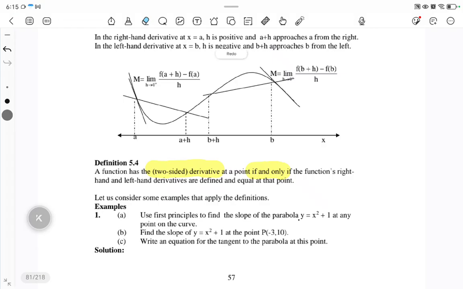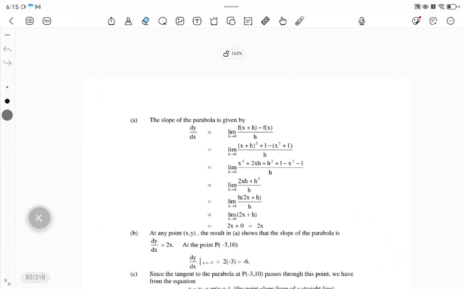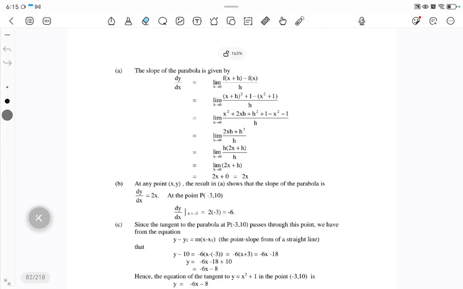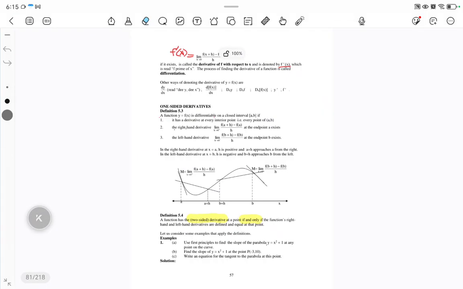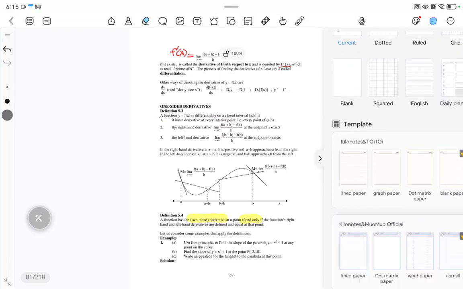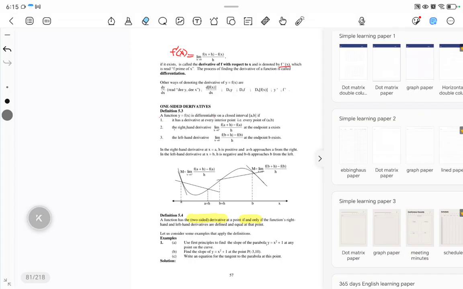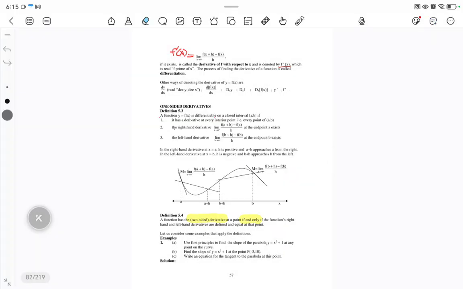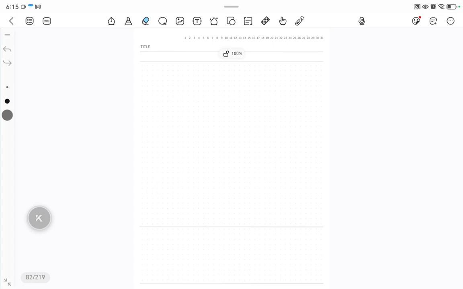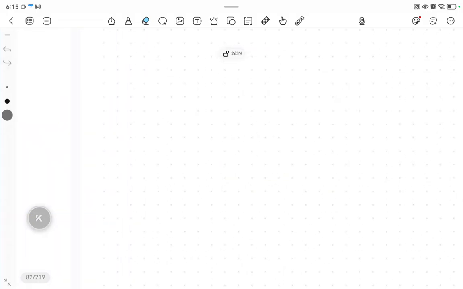Let me just create a page. So this is A, right?